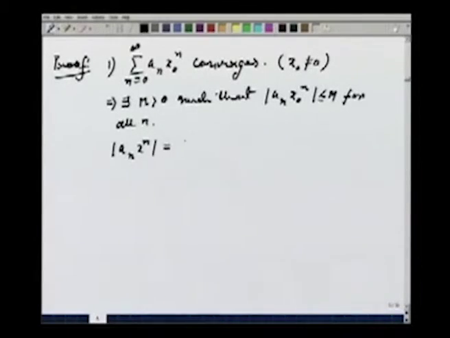I write this as modulus of a n x naught to the power n into x by x naught whole to the power n.